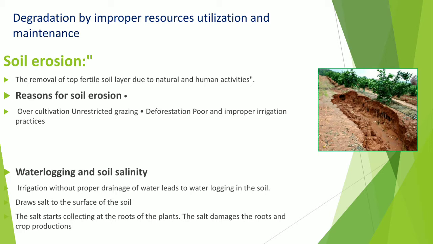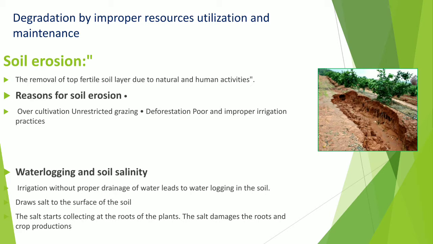Water logging and soil salinity. Irrigation without proper drainage of water leads to water logging in the soil. It draws the salt to the surface of the soil, and the salt starts collecting at the root of the plants. The salt damages the root and the crop production.